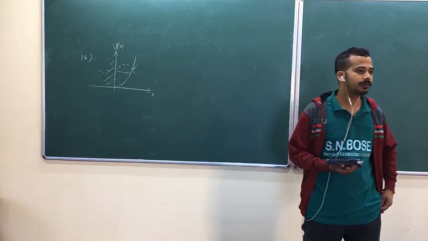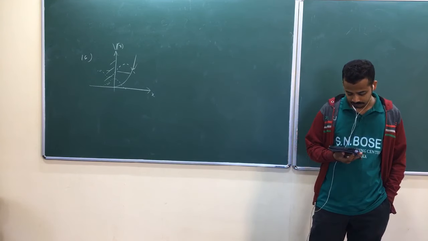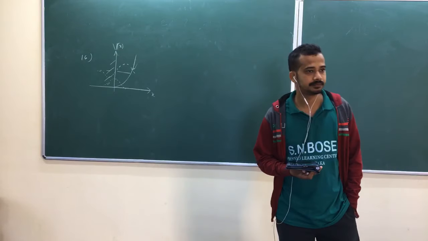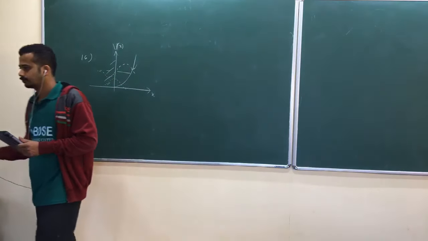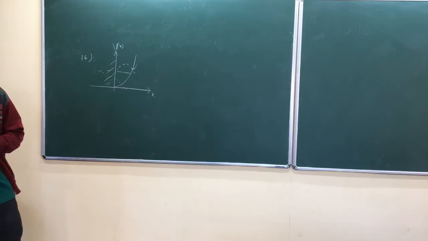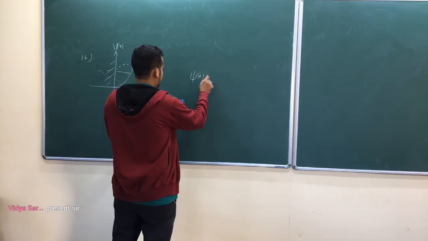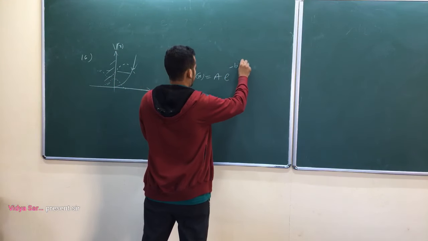Look at question number 15. You have to solve it without the Schrodinger equation. How do you do it? Psi of x is equal to A e power minus b x square by 2.